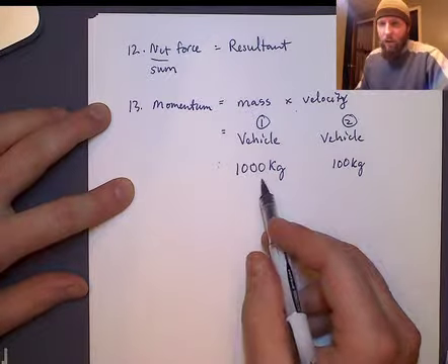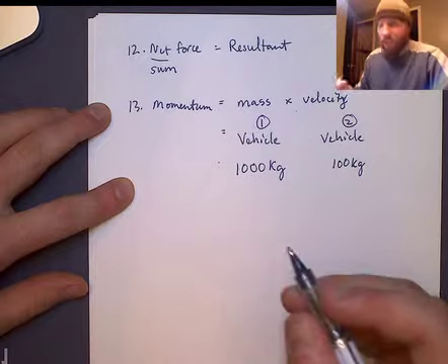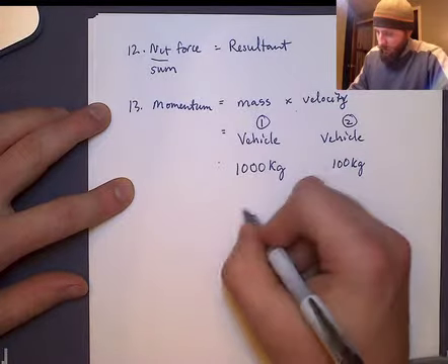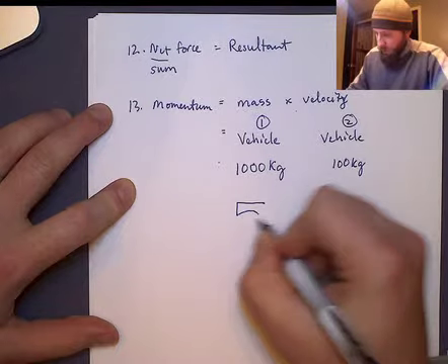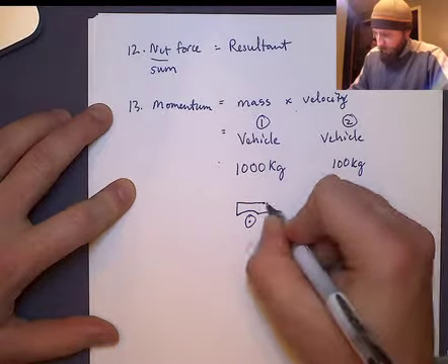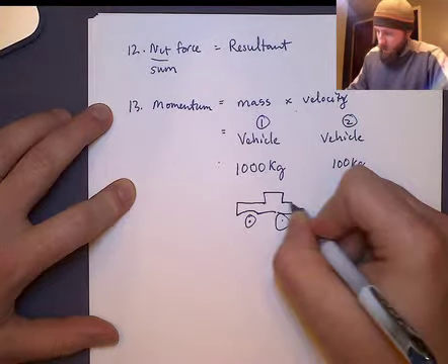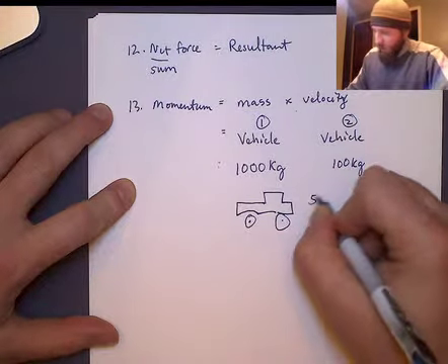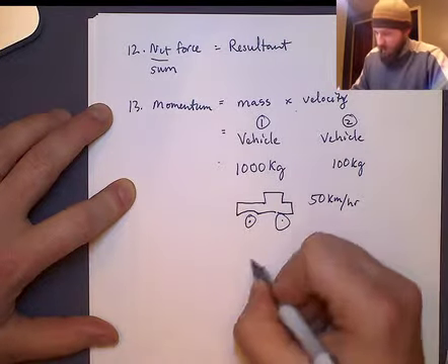So 1,000 kilogram vehicle and a 100 kilogram vehicle, and if they're both traveling at the exact same speed, so we've got the large truck and it's zipping along at 50 kilometers per hour, and then we have the teeny bike.